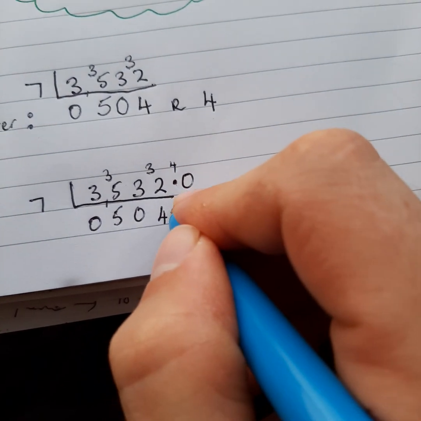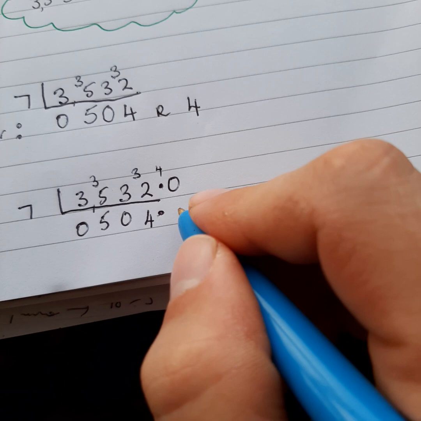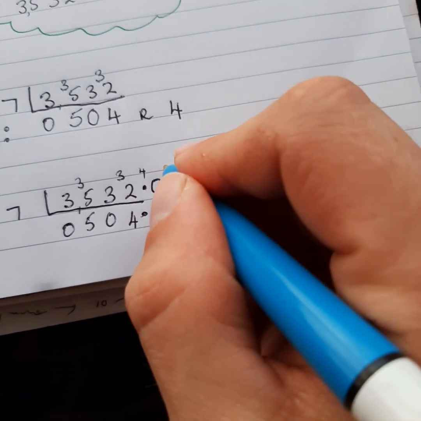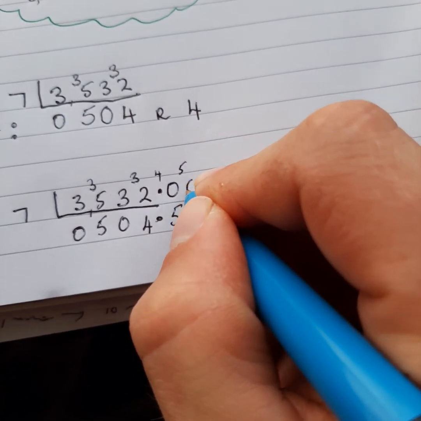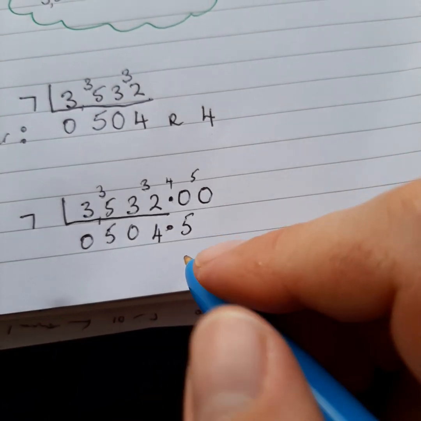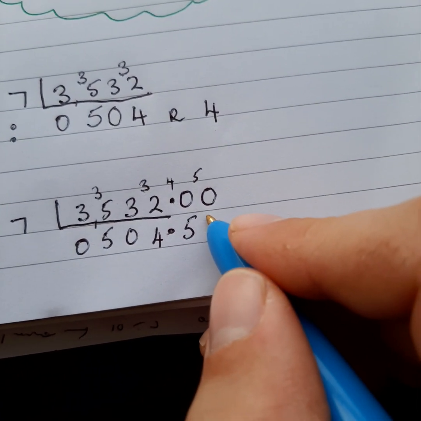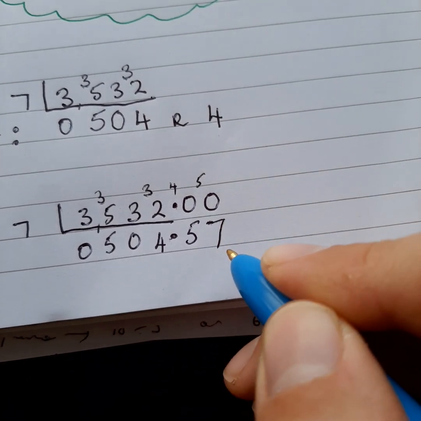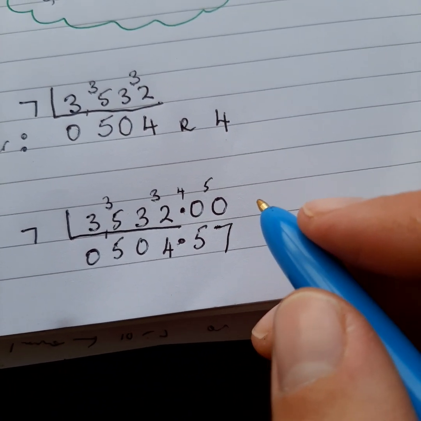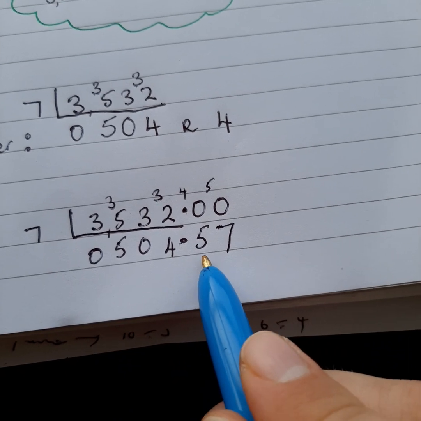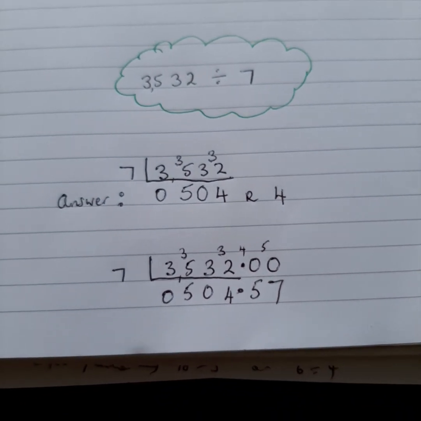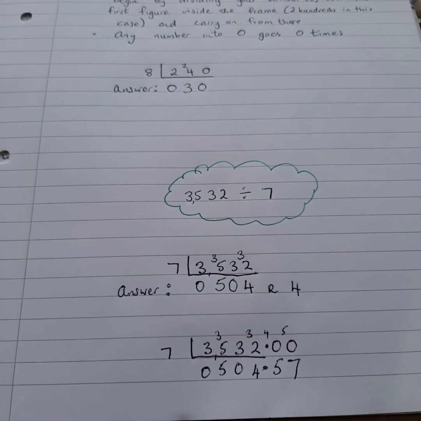I put my decimal point down here as well. 7 into 40 goes 5 times, remainder 5. Put up my 0 onto that again. 7 into 50 goes 7 times, because 7 sevens are 49, remainder 1, but I only wanted to get it to 2 places after a decimal point. So that's a little bit of an extra challenge for those who think they're up to it.